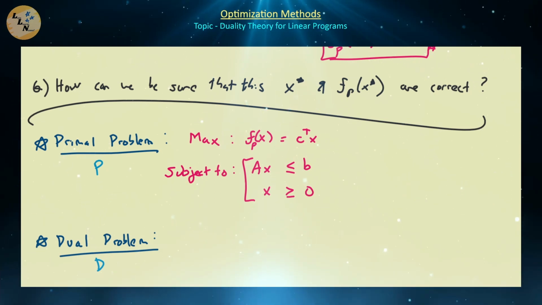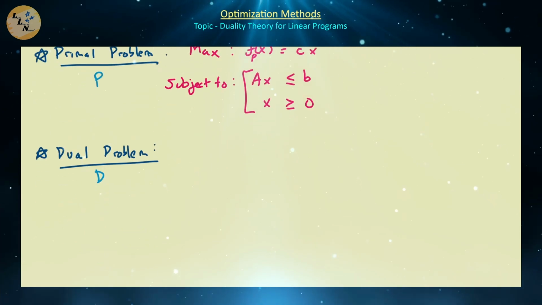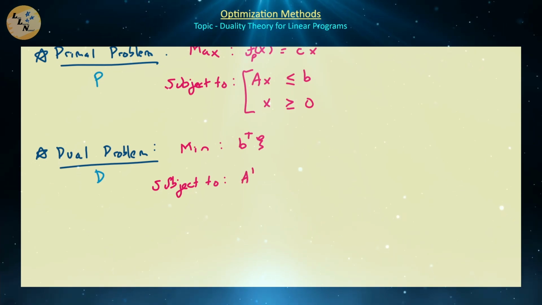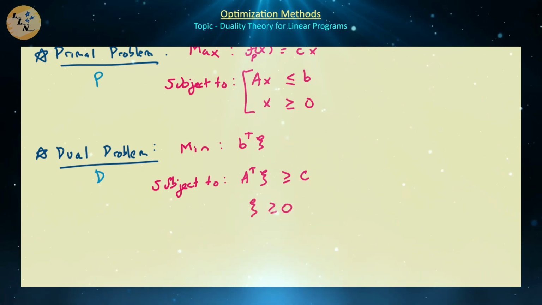So if this is your primal problem, the associated dual problem is going to be the minimization of b transpose psi, so another variable psi, not x, subject to the following constraints. A transpose psi is greater than or equal to c, where psi is greater than or equal to 0.